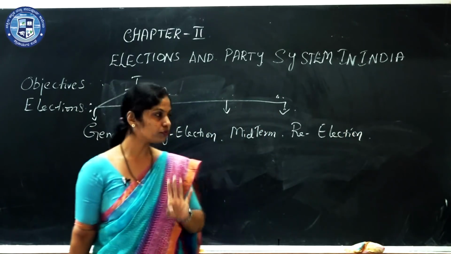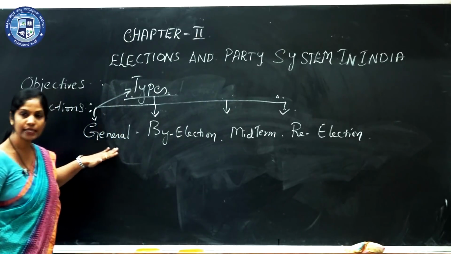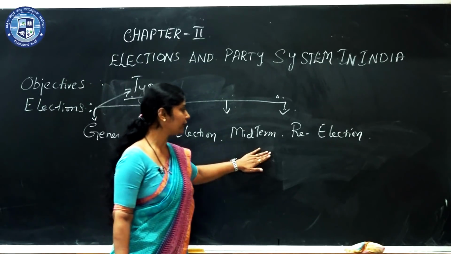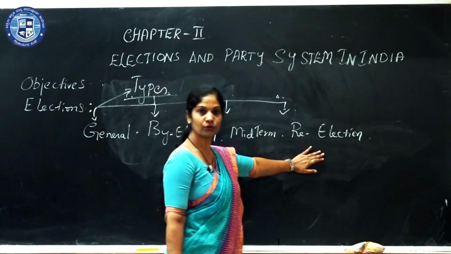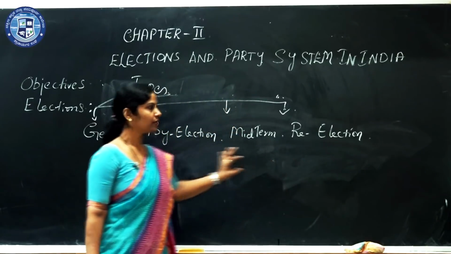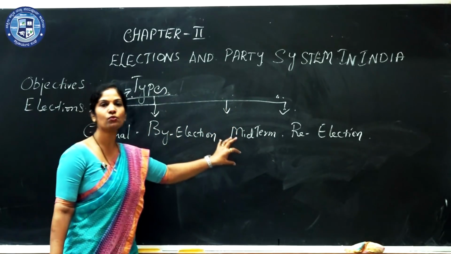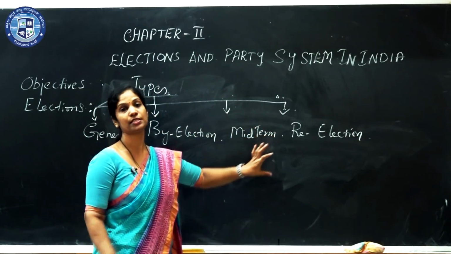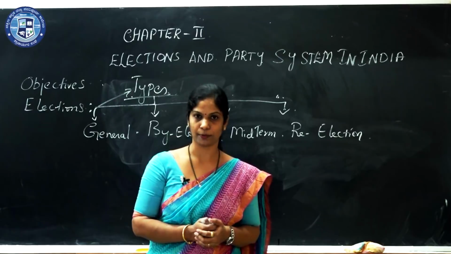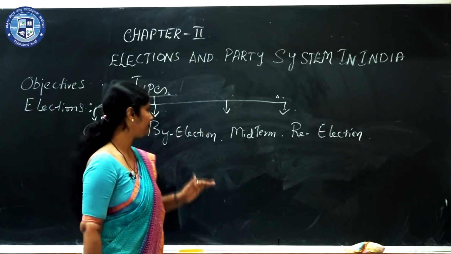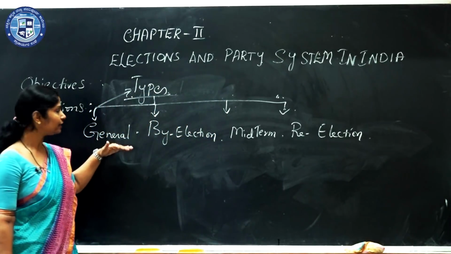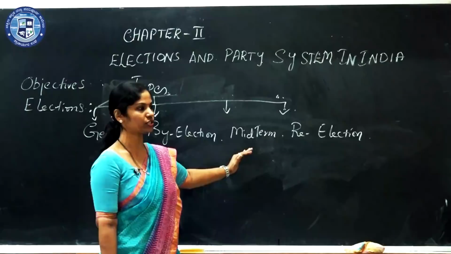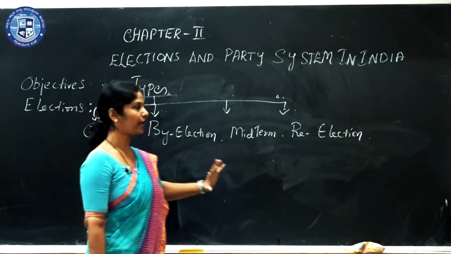So these are the 4 types of election. All these four sound common, but all these four types of elections are different from each other. They are not one and the same, and these types of elections are held in various situations or at various times.